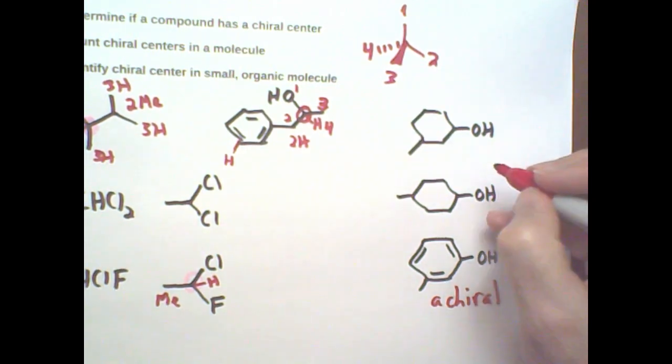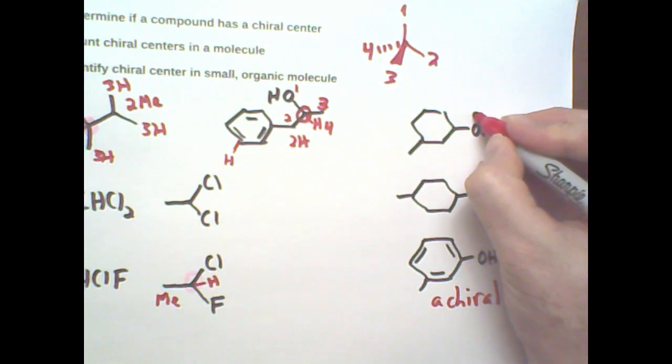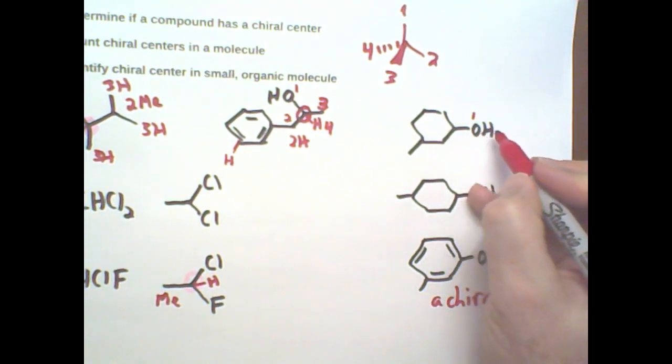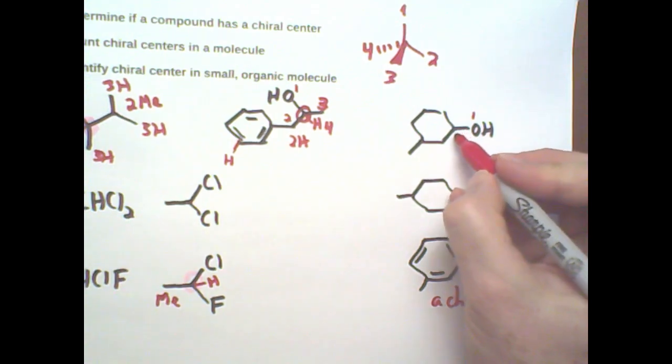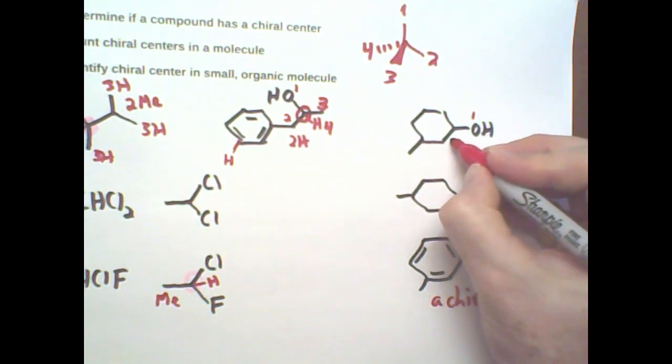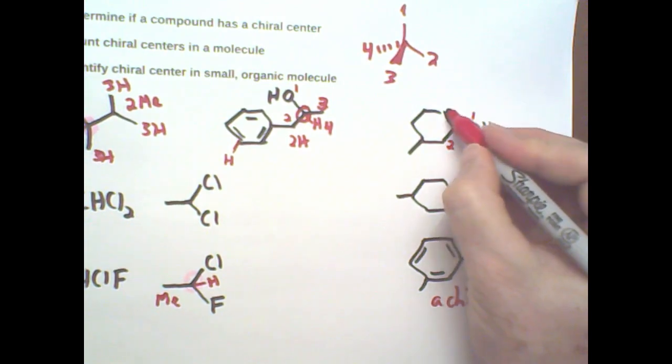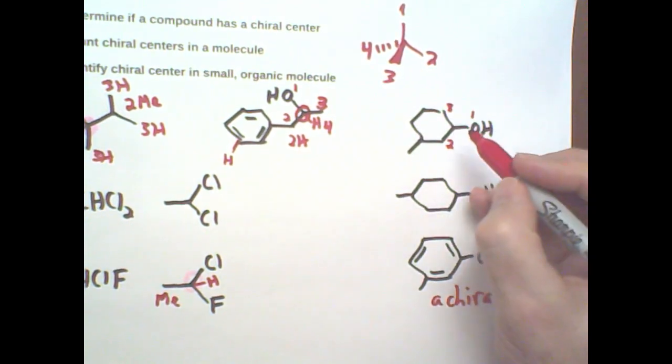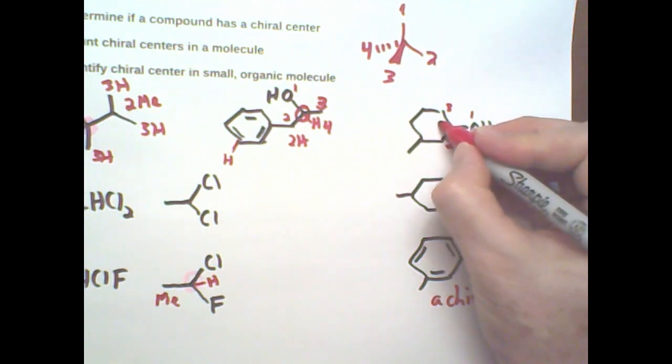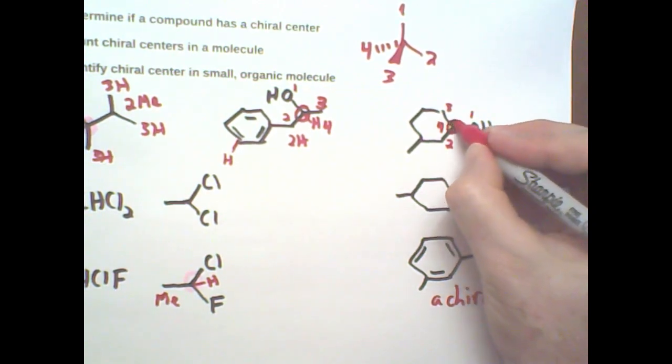So if we were numbering these groups, the hydroxyl group would be group 1, going this way would be group 2, going up around the ring would be group 3, and then the hydrogen that we can't see is group 4, and that's a chiral center.